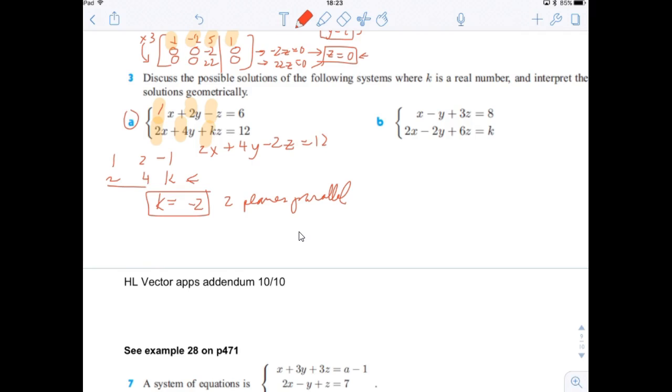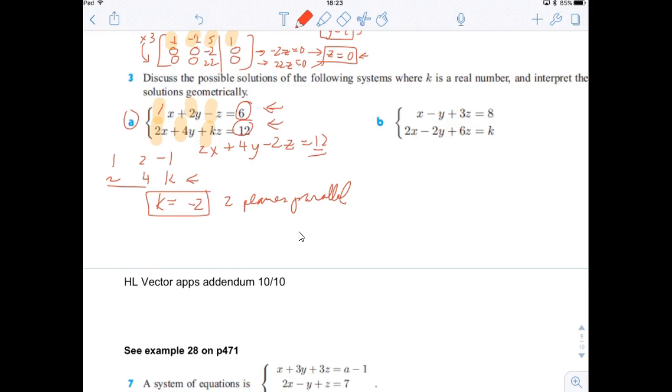Now, if you look carefully, not only are the coefficients 1, 2, negative 1 and 2, 4, negative 2 proportional by a factor of 2, but what happens if you multiply the 6 on the right-hand side by 2? You get 12, right? Wow, so actually the first equation and the second equation are the exact same equation. They're only different by a factor of 2 on the left-hand side and on the right-hand side.